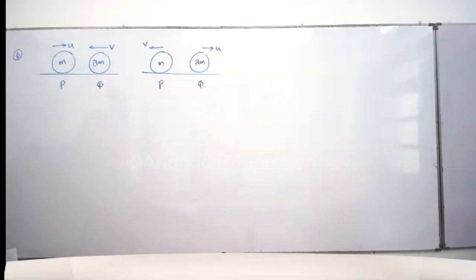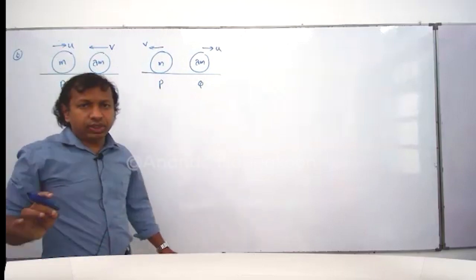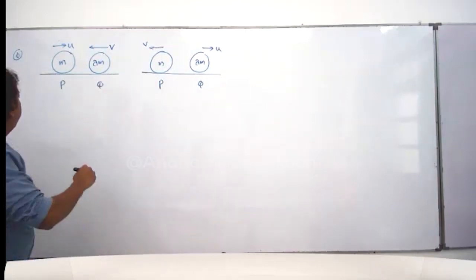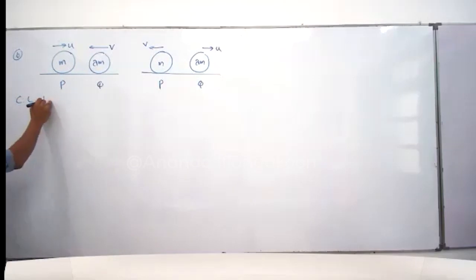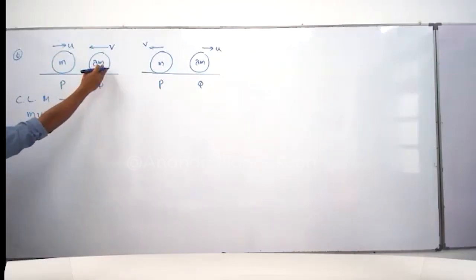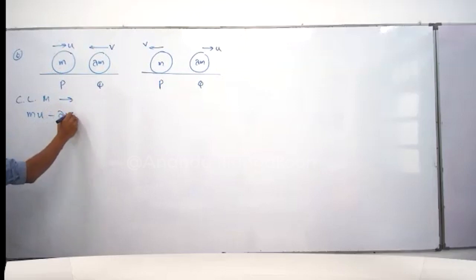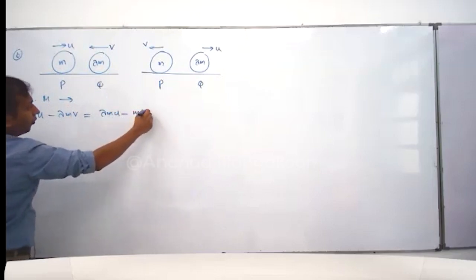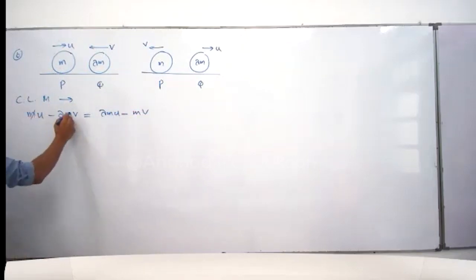Right. We can apply, just before and just after, conservation of linear momentum and Newton's law of restitution. We apply conservation of linear momentum rightward. Then rightward momentum we consider as positive, right? Before the impact, mu minus lambda m v should be equal to after impact, lambda m u minus m v. Can cancel down this m.